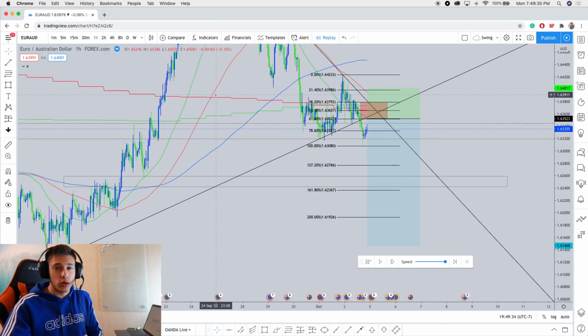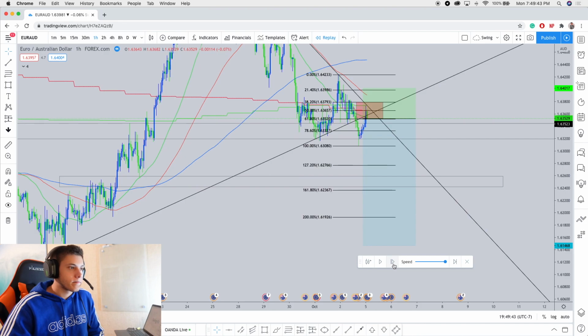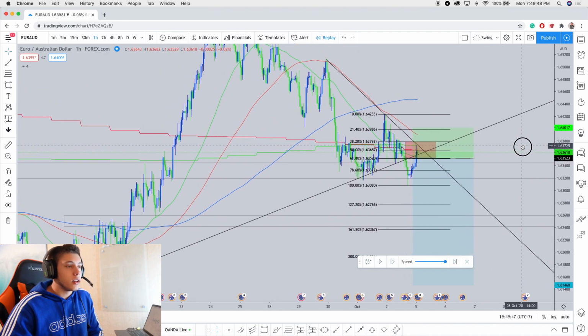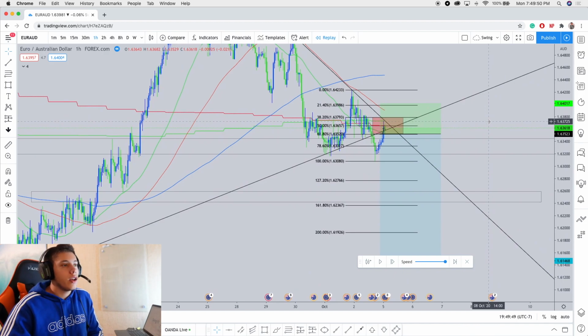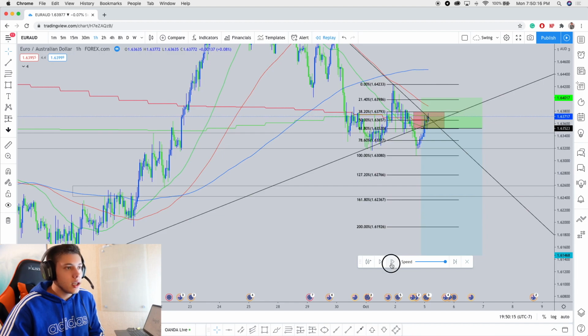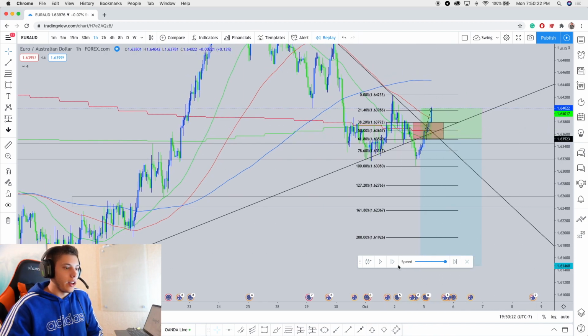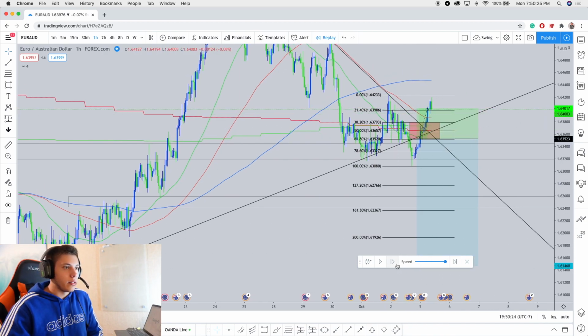The US dollar really sold off overnight, and because of that, the euro picked up some buyers, and we can see price was struggling in this area, meaning that there were some clear sellers waiting there as expected. But then the euro picked up some steam overnight and unfortunately escaped this area, and that was that, right?